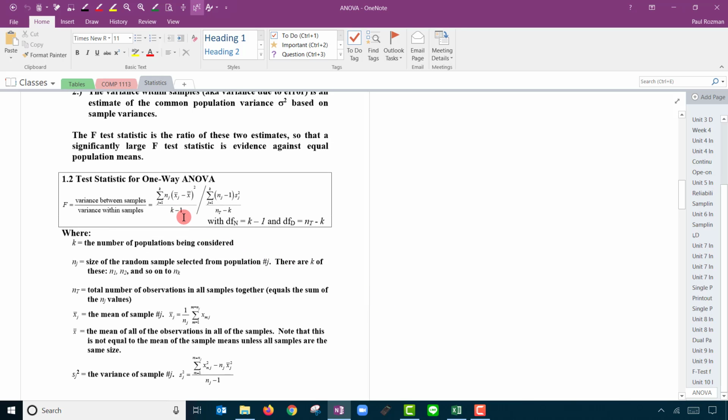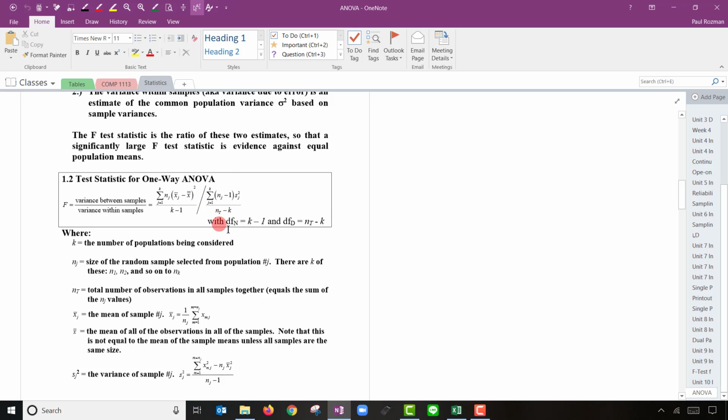The formula is, we have this thing called x j bar, which is the mean of any individual group, and then x bar, which is the total mean if you group all the data together. So this is the average distance of a particular group's mean away from the overall mean.